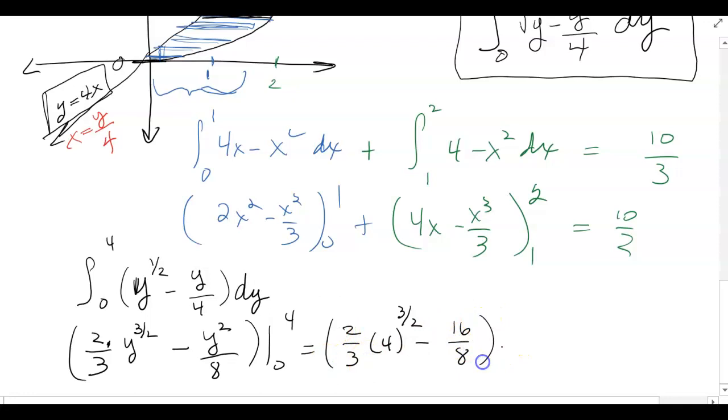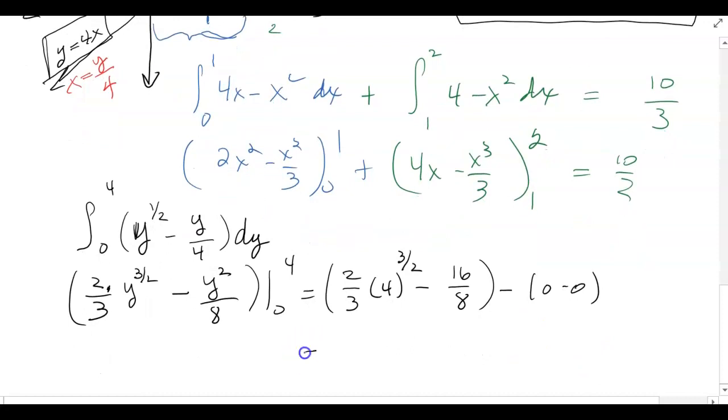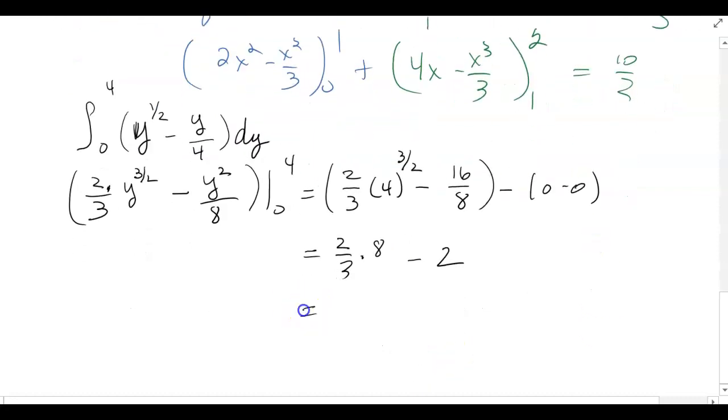Plug in 0, that's just going to be 0 minus 0. So we have 2/3. Let's do the square root of 4 first. That's just 2. 2 cubed is 8. Minus 16 over 8 is 2, and that's 0. So I get 16/3 minus 2.